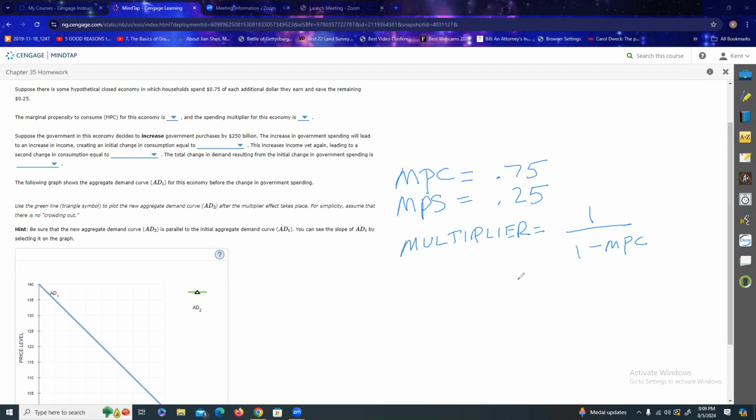Okay. Well, here it says, suppose the government in this economy decides to increase government purchases by 250 billion. The increase in government spending will lead to an increase in income, creating an initial change in consumption equal to, okay, so they spend 250 billion, and that is received as income scattered throughout the economy.